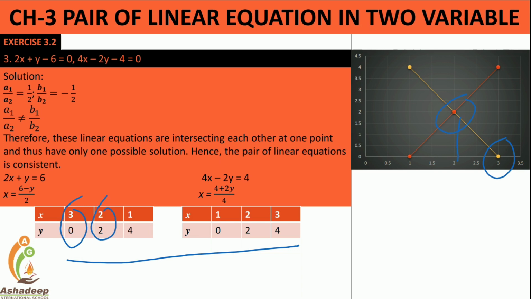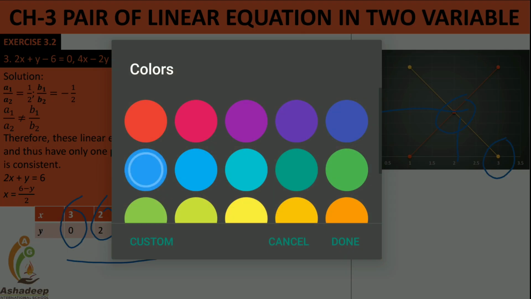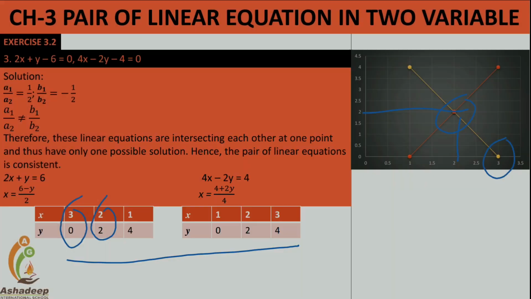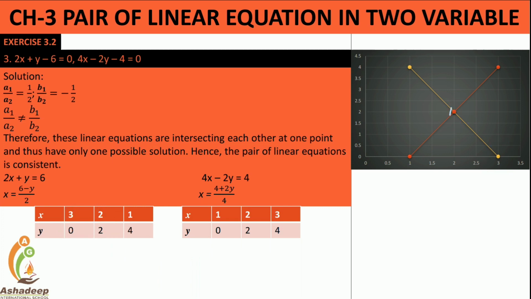Okay, let's change the color. See here it is 2 and here also 2. So it is the point 2, 2. Now 1 and 4. So 1 on the x-axis and 4 on the y-axis. So this is 1 and 4. In the same way, you can plot these points: 3, 0; 2, 2; and 1, 4.